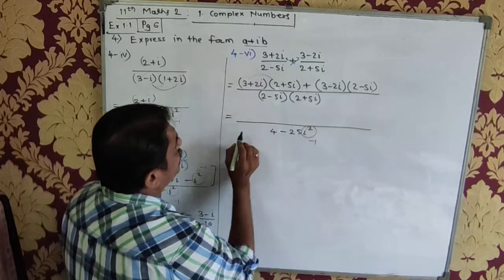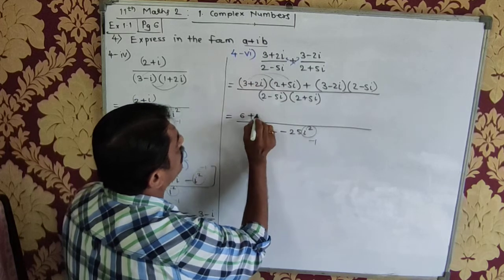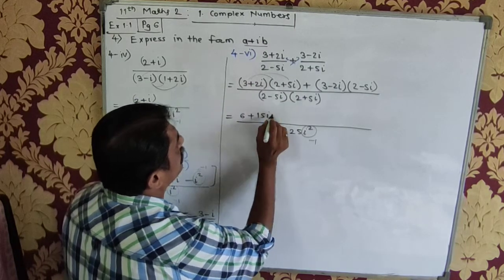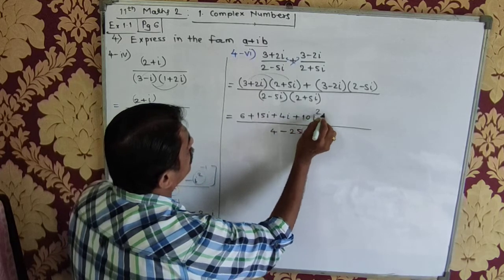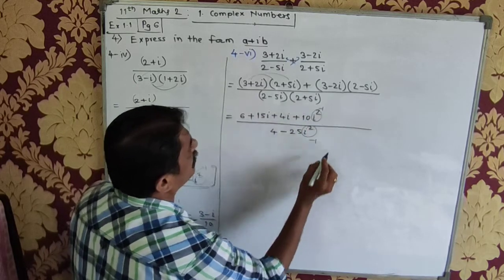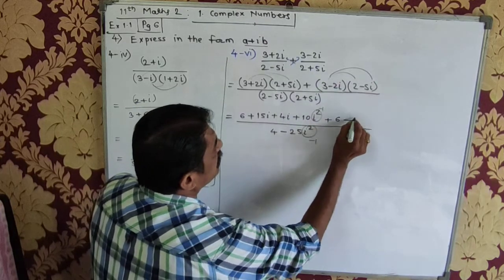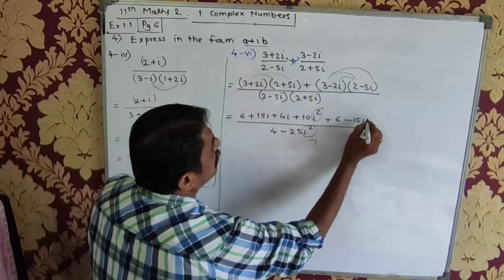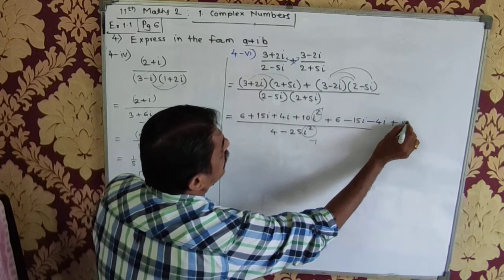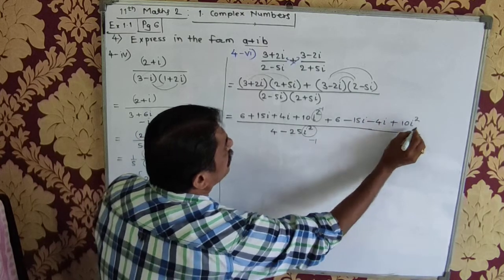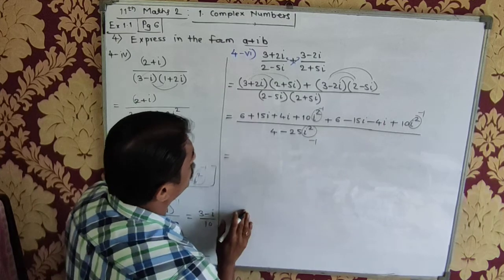Tell me the numerator. 6 plus 15i plus 4i plus 10i square, and 6 minus 15i minus 4i plus 10i square. This is minus 1. Okay?